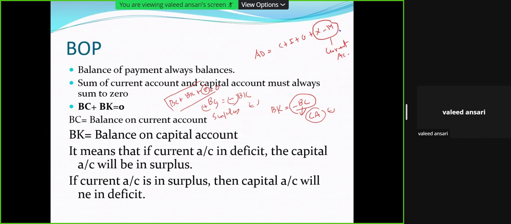It tells us how much is domestic consumption, investment and government expenditure, and how much the foreigners are spending on our goods and how much we are spending.